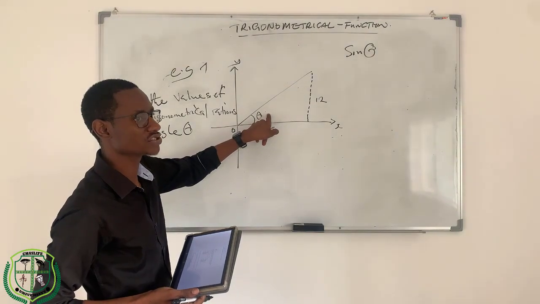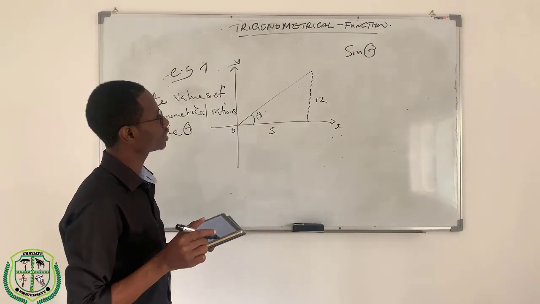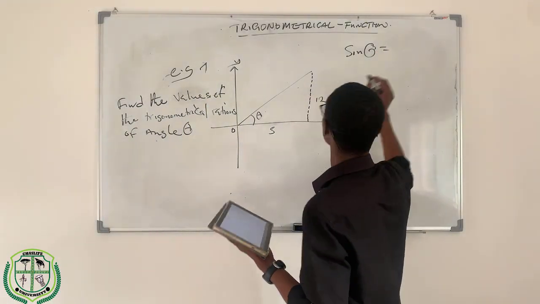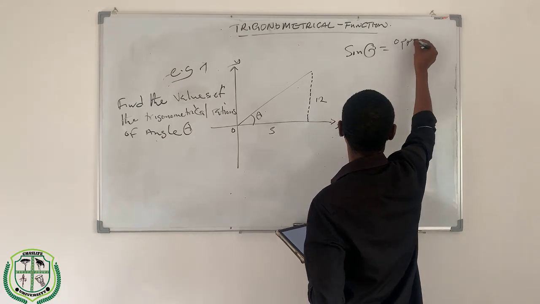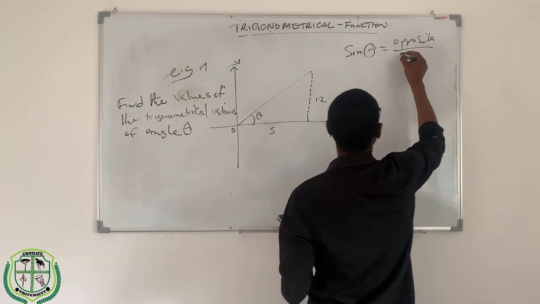So we want to find the trigonometrical ratios, and we know that sin theta, of course, is given by opposite over hypotenuse.